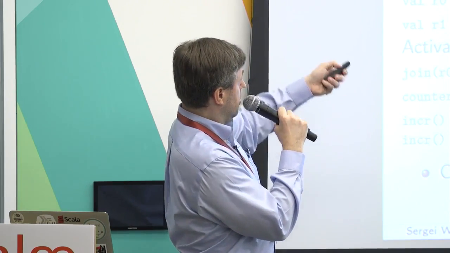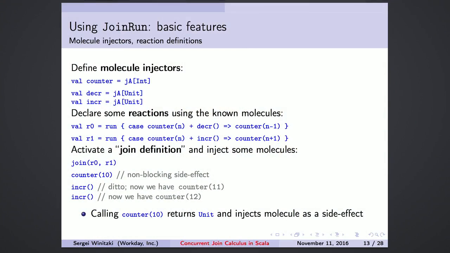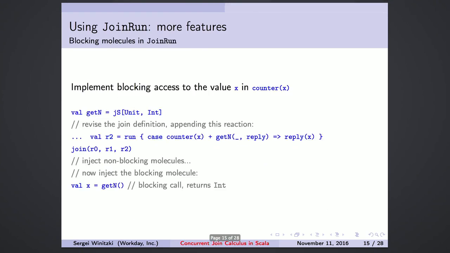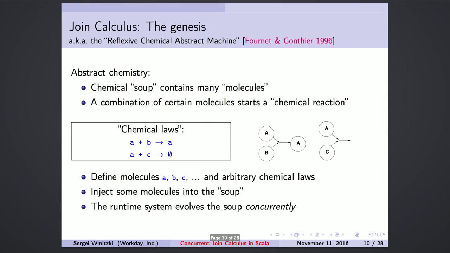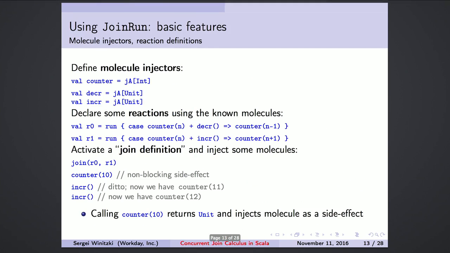So how do we implement this in the library? This is the Scala code, which I will run now, once I explain what it does. We define the molecules using these constructions: the counter, decrement, increment.